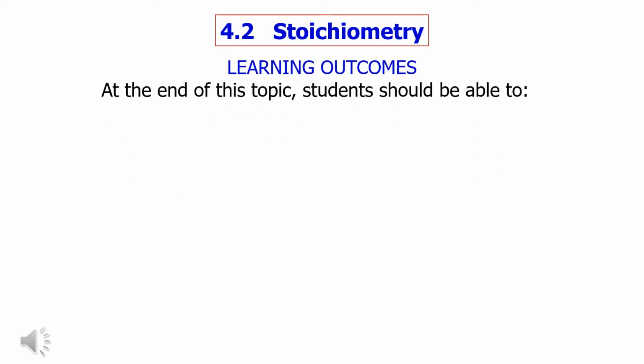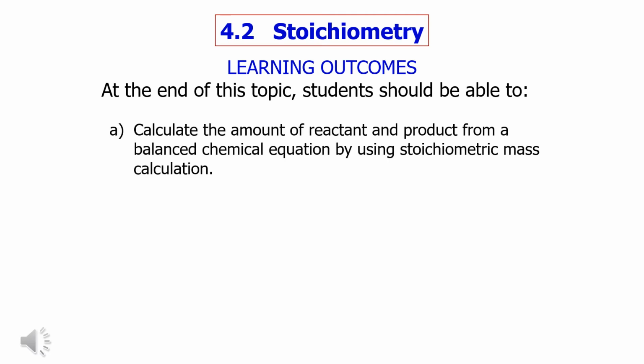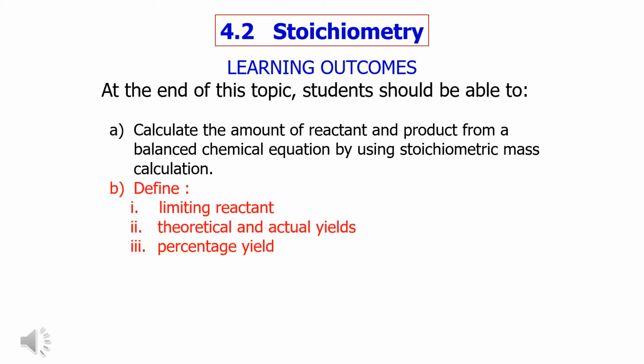Stoichiometry learning outcomes. At the end of this topic, students should be able to: learning outcome A, already discussed last session. Today, we will continue with learning outcome B. One, how to define limiting reactant.